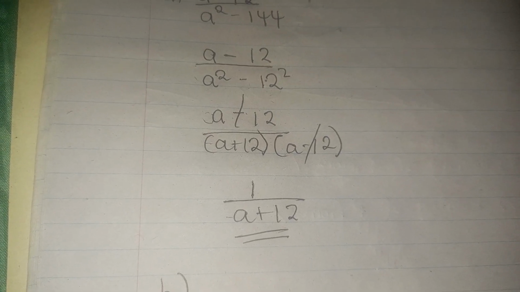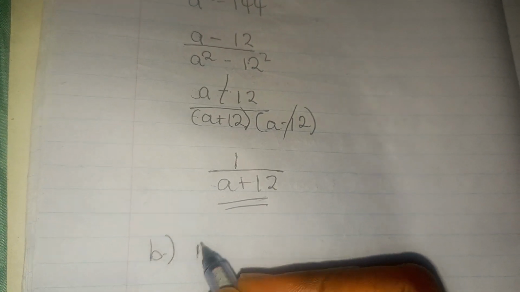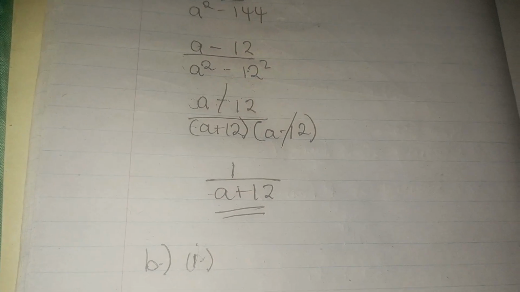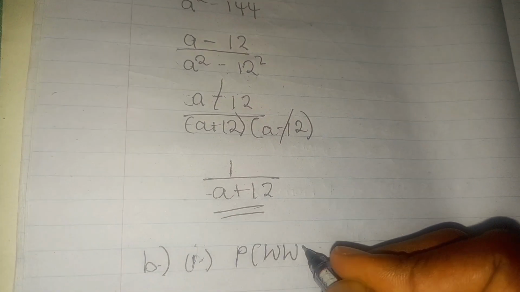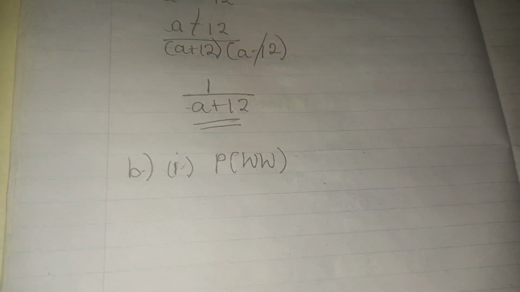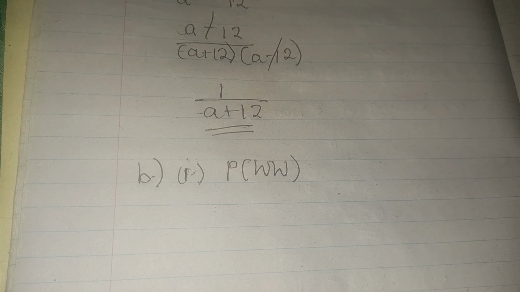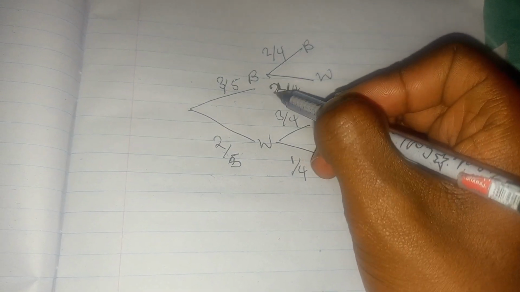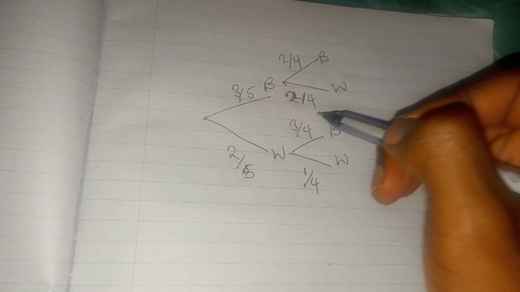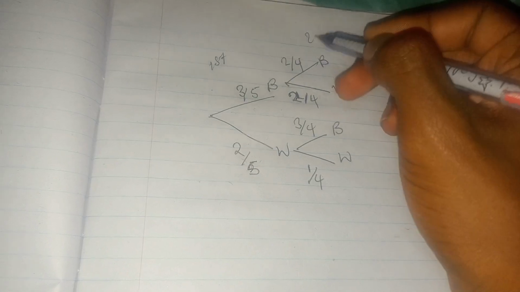And then we're to find the probability that they are both white. So you know that at the back of your head you can have a simple tree diagram, which would be something like this. Yes, so this is our tree diagram, and this is our first take and this is our second take.